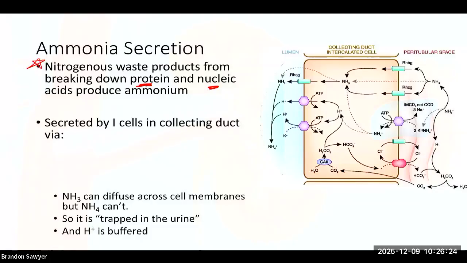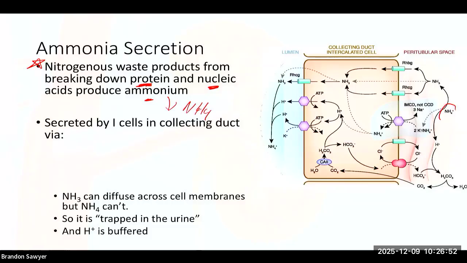So when we break these down and recycle them, we need to deal with that nitrogenous waste, and that produces ammonium. Ammonium is NH4. That's a byproduct of breaking down these proteins and nucleic acids. So we'll go through the steps here in the kidneys of how we get rid of that ammonium.